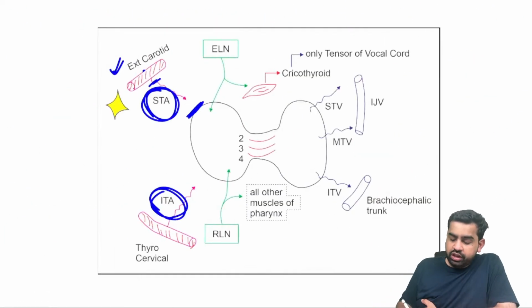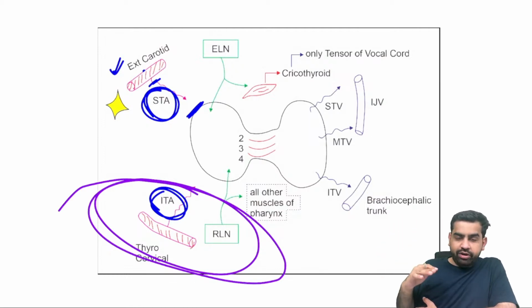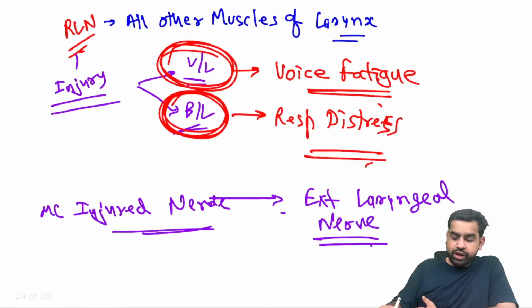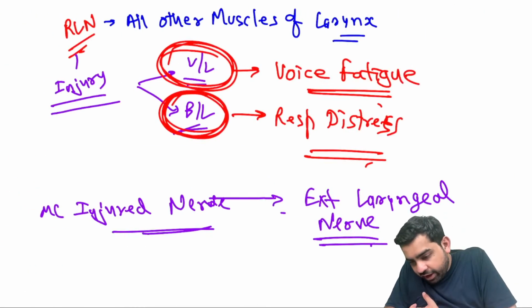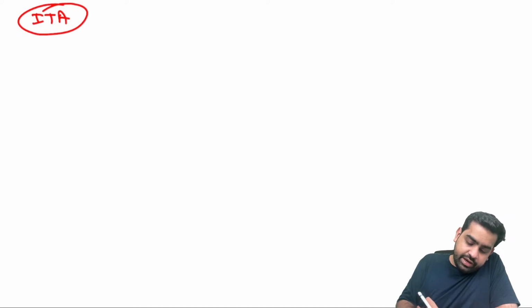Now, coming to the inferior thyroid artery, where do you ligate it? Do you ligate it close to the thyroid gland, or away from the thyroid gland? Please try to understand that the inferior thyroid artery is again ligated close to the thyroid gland.